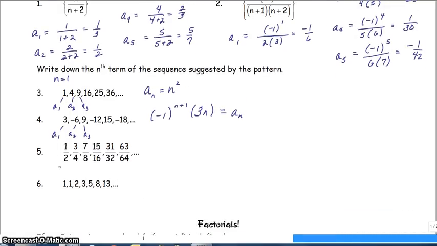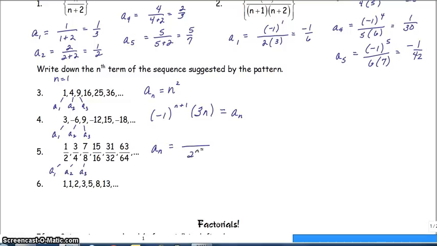For problem 5, a sub 1 is 1/2, a sub 2 is 3/4, a sub 3 is 7/8, and so on. So I want to find a sub n, and what I notice is that in the denominator, if I take 2 and raise it to the n power, I will get the value of the denominator.